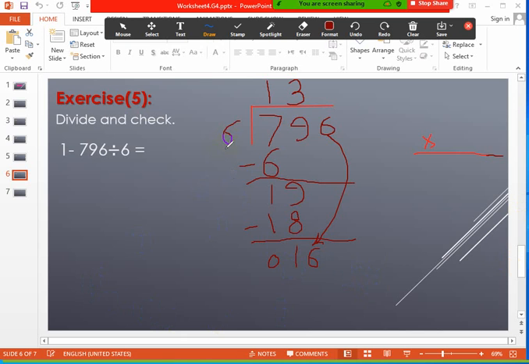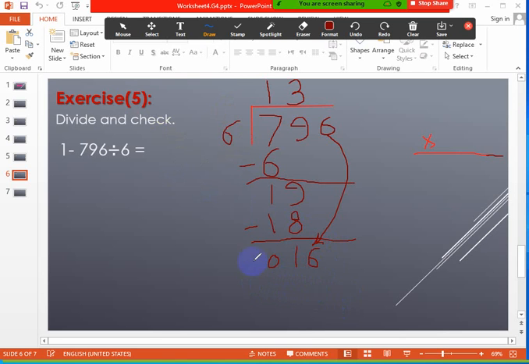Think about the time. Look, 3 multiply 6 equals what? 18 is greater than 16. Can I subtract 18 from 16? No. So I will take the number that is less than 16. So not 3, I will choose what?